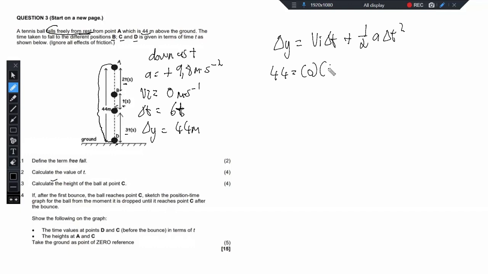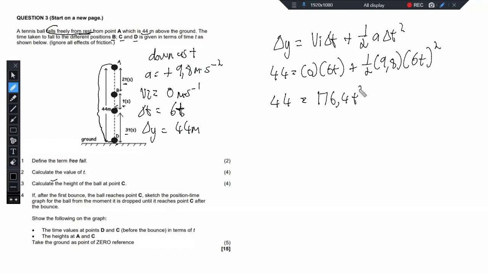The delta t is 6t, and then plus half, and then a is 9.8, and then delta t square, I will have 6t, and then square that. Obviously this 0 multiplied by whatever number will give me 0. So I'll just punch this into the calculator.